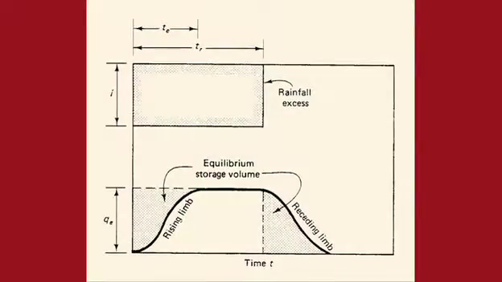In practice, surface irregularities cause the equilibrium state to be approached asymptotically, and the actual time to equilibrium is not clearly defined. A value of T corresponding to Q equal 0.98 Q sub E may be taken as a practical approximation of the time to equilibrium.